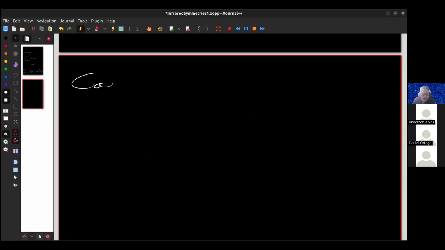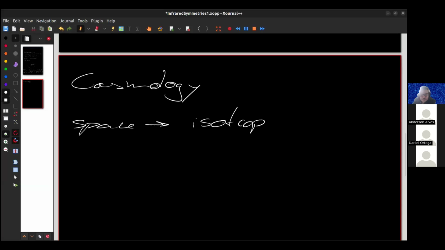Another common example is in cosmology, in which in cosmological models, what we usually assume is that space is isotropic and homogeneous.